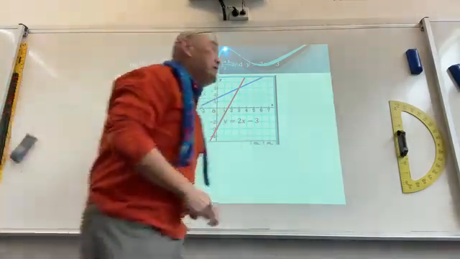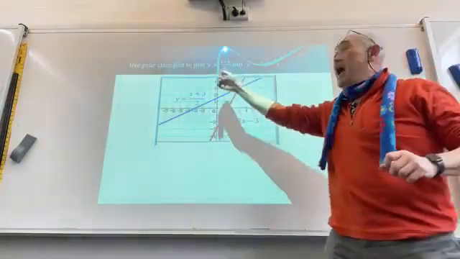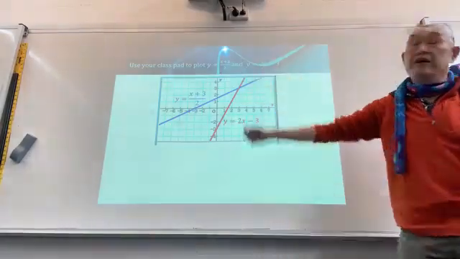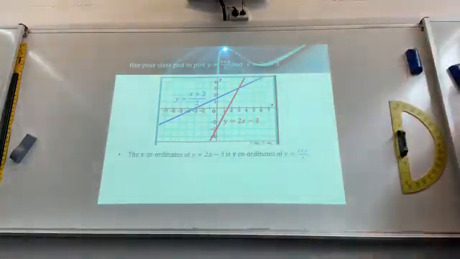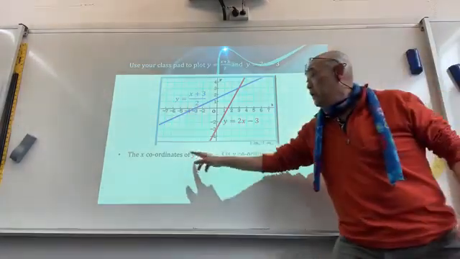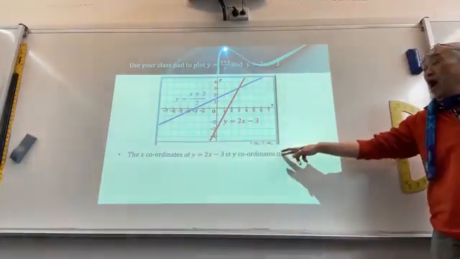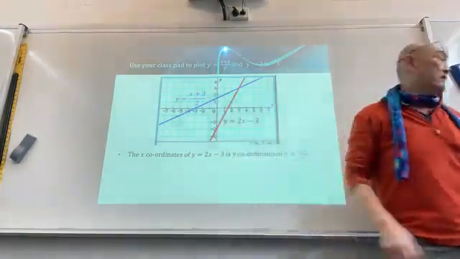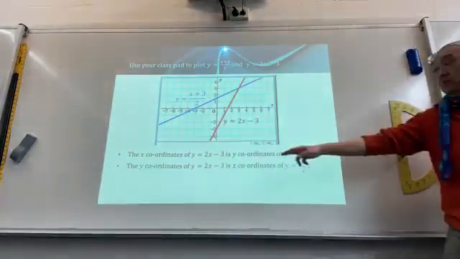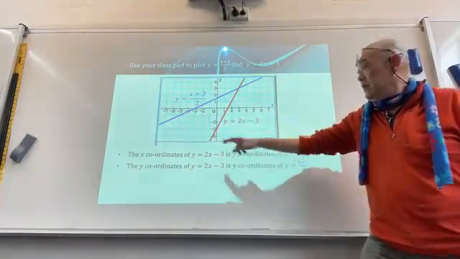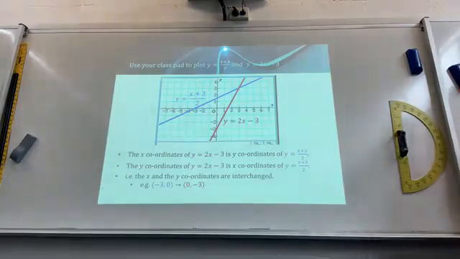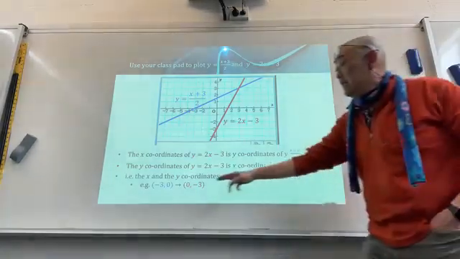So what I've basically done is interchange the x and y between this function and that function. The x coordinate of one is now the y coordinate of the other, whether I go from here to here or vice versa. They are interchanged.